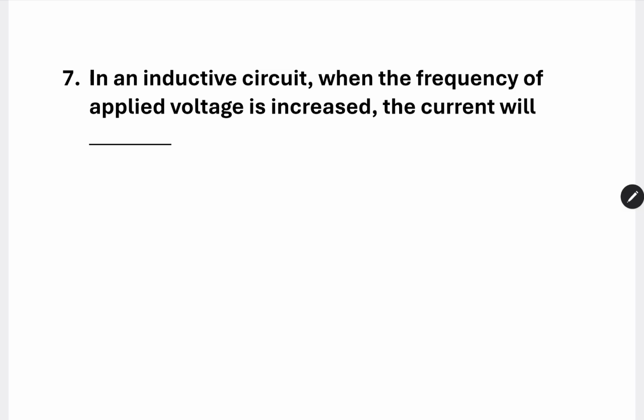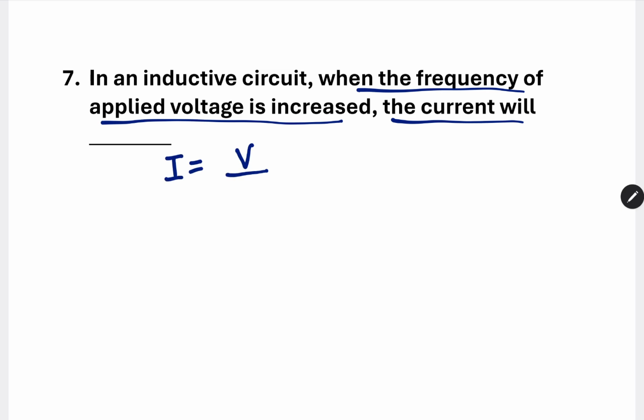Question number 7. In an inductive circuit, when the frequency of the applied voltage is increased, what happens to the current? In an inductive circuit, current I is equal to V divided by inductive reactance XL, and inductive reactance is 2 pi FL. Frequency is increasing, so F value is going to increase.